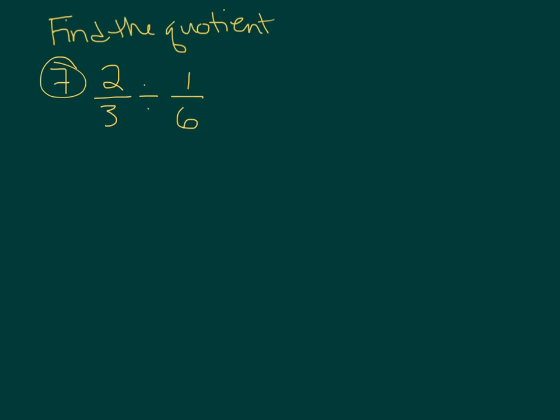So just to remind you, the way that you solve these is you take the reciprocal of the divisor, which is the second number, and then you're going to multiply.